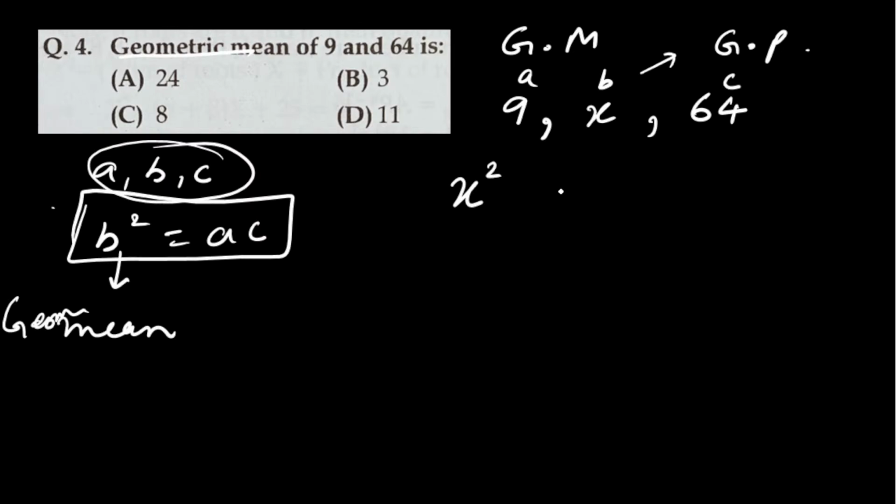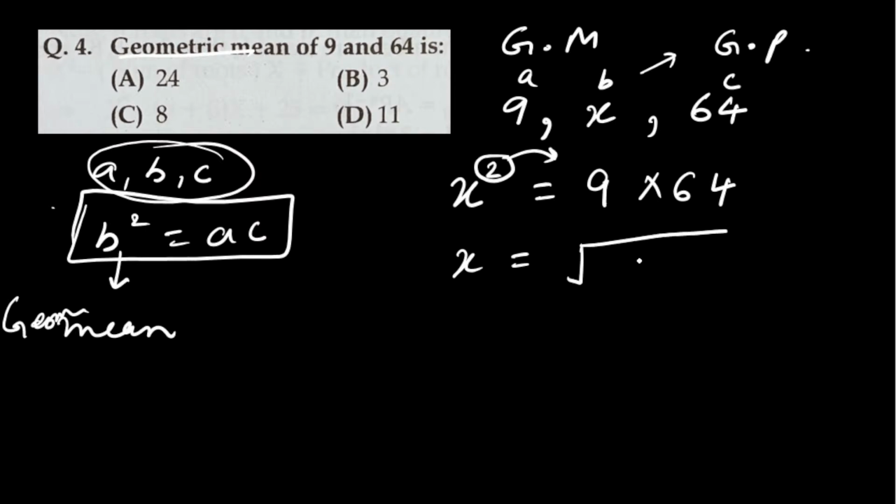That means X square is equal to A, which is 9, into 64. Now the square will shift to the other side and become a square root. So X is equal to square root of 9 into 64.